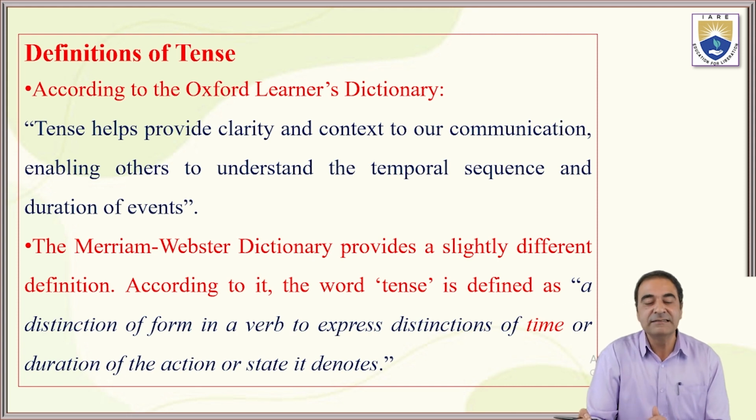Therefore, again, it is the different forms of the verb that show the time of an action. That's why I told you that the verb is a very important word in a sentence. It is the verb that shows the time of an action, and the different forms of the verb show the different durations or the different time zones.